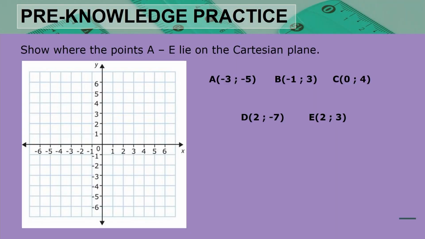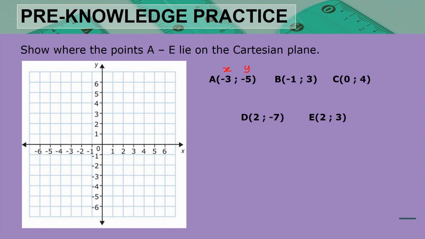The next practice says, show where the points A to E lie on the Cartesian plane. We have been given points from A up until E, and we are supposed to show where these points lie on the Cartesian plane. Let's start with the first one, which is -3 and -5. We know that -3 is the x value and -5 is the y value.